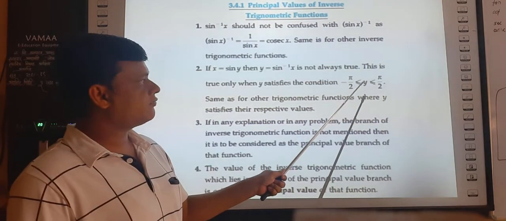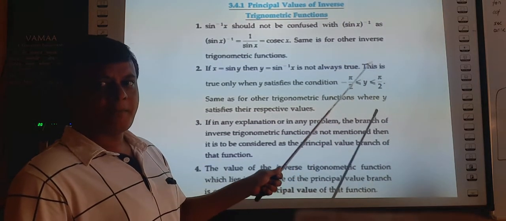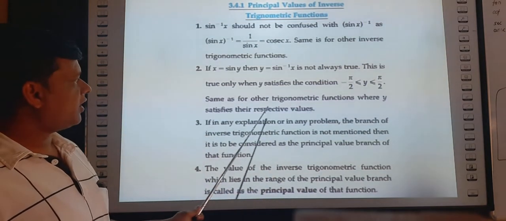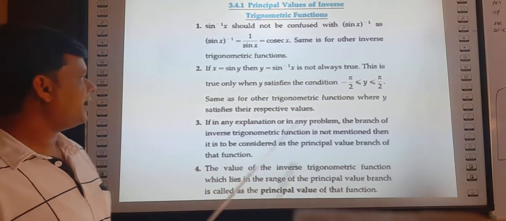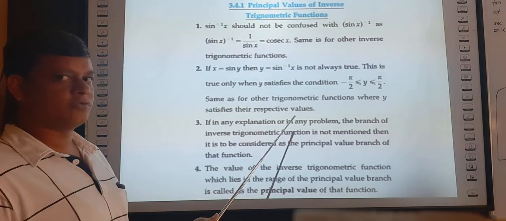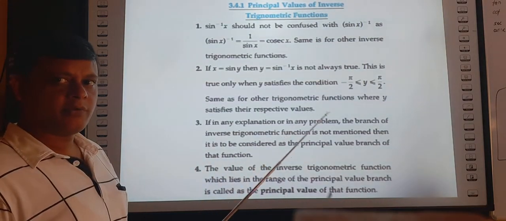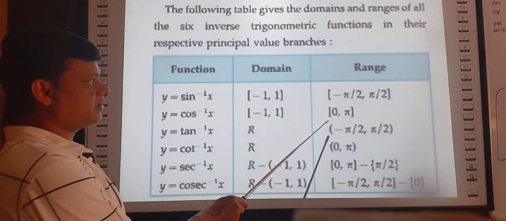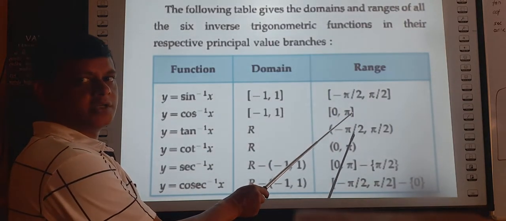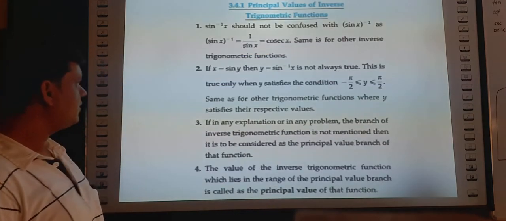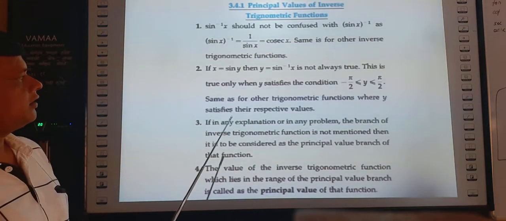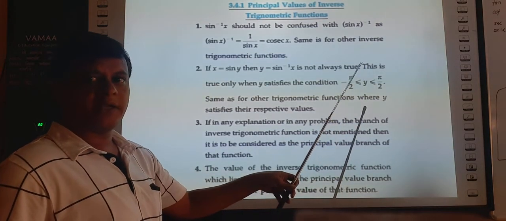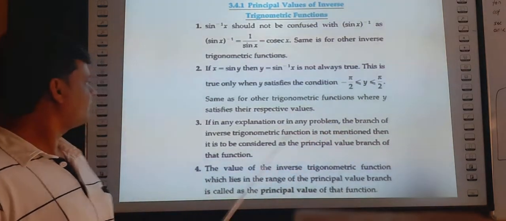That means y belongs to the closed interval minus 90 to plus 90. The same applies to other trigonometric functions where y satisfies their respective ranges. In the previous table, we saw for cos inverse x, the range is the closed interval 0 to pi. So for different inverse trigonometric functions, this condition is different, depending on the range.